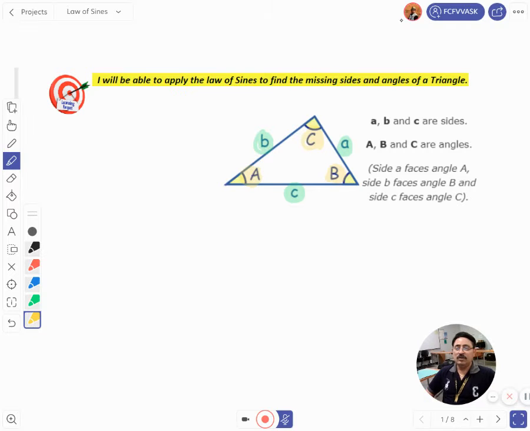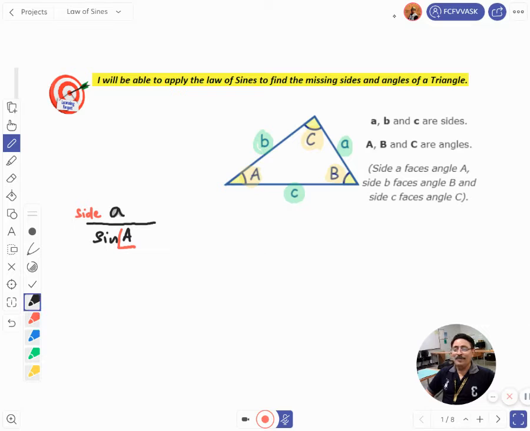Okay. So the rule is a over sine A. When I say lowercase a over sine A, that is side a over sine angle A. Next, this equals b over sine B. If you want to know how this rule is derived, it is posted in the worksheet, you may refer to the worksheet.